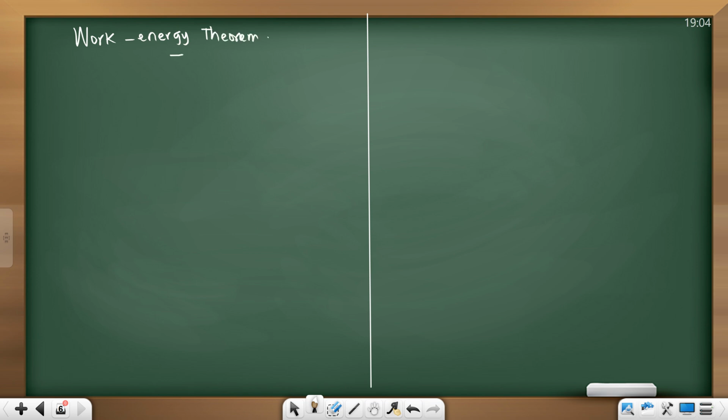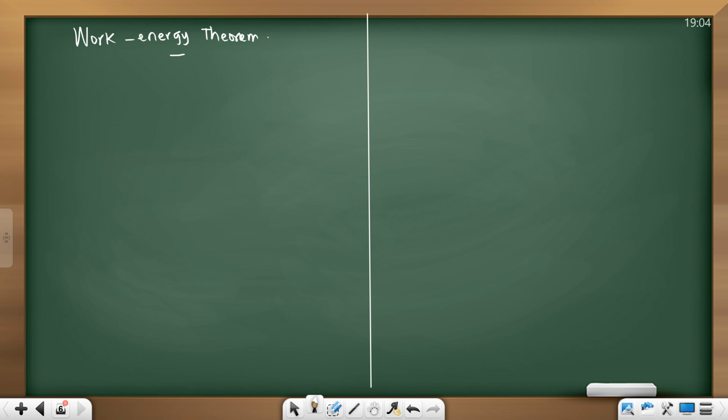Work energy theorem. Here I have two words: work and energy. I want you to think like this. On one side of the equation, there's work. What's the symbol? W. On the other side, there's energy.